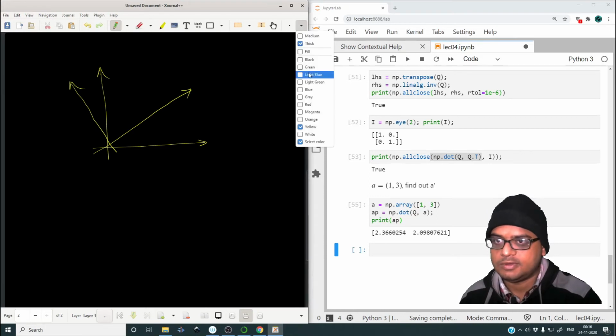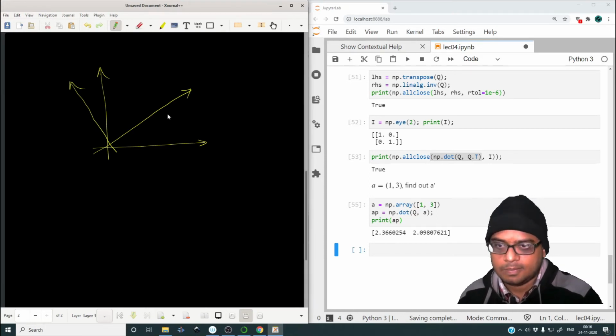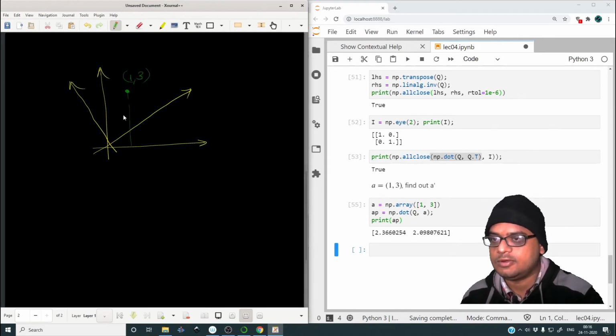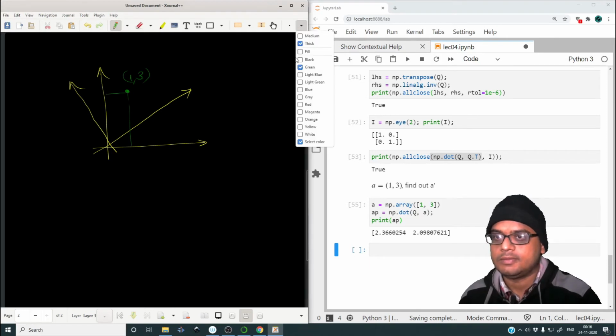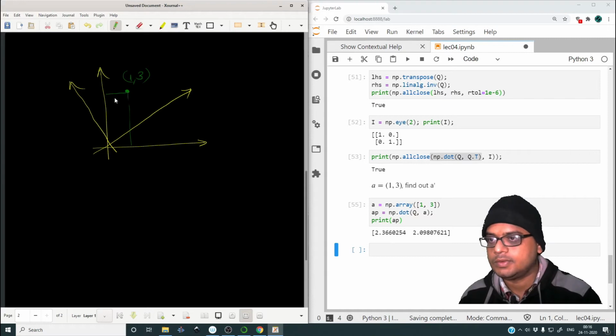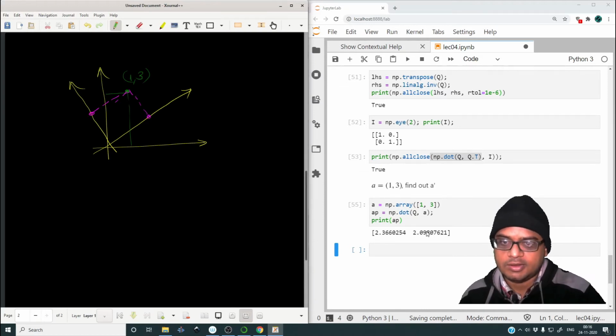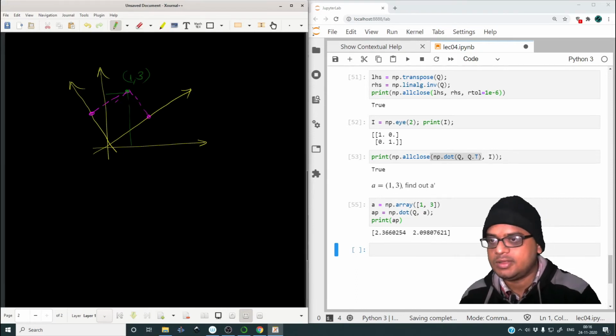And it was 1 comma 3 in this coordinate system, and it does look to be something equal in the other coordinate system. So over here it is something like 2.366 and 2.09. I mean, physically it makes sense.